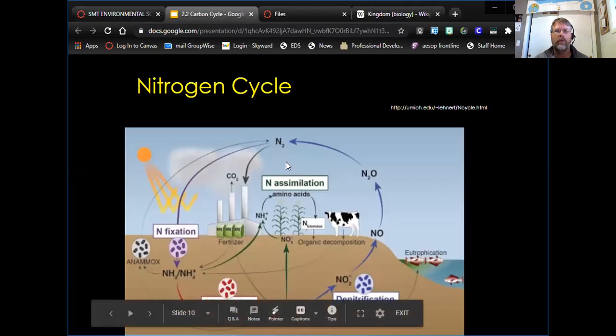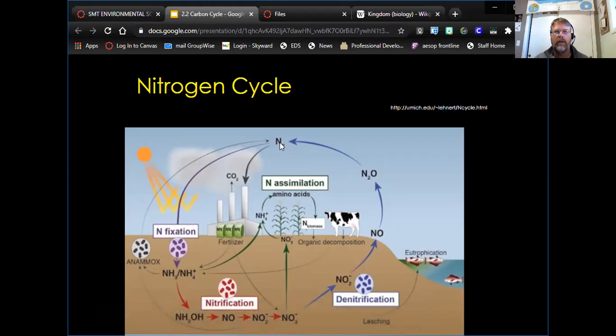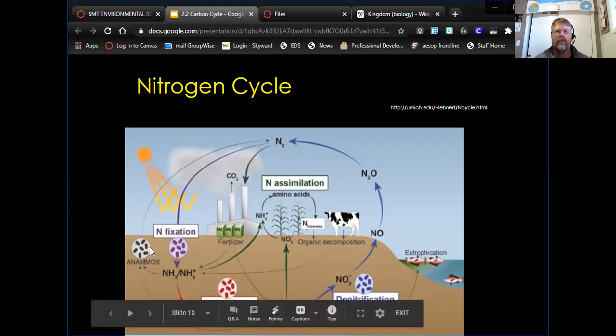Okay, so now once we look at this process, we see there's a whole lot of nitrogen gas in the air. Factories can try to pull that in and process it, but what's much more common is that some bacteria, or mold, will pull in the nitrogen and turn it into ammonia.